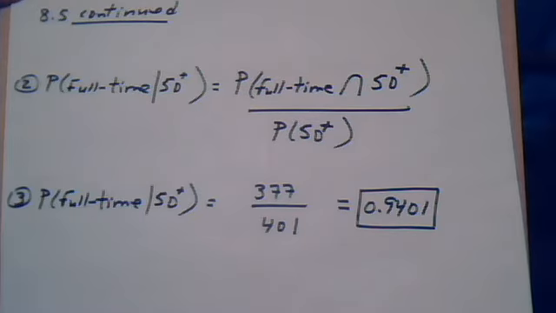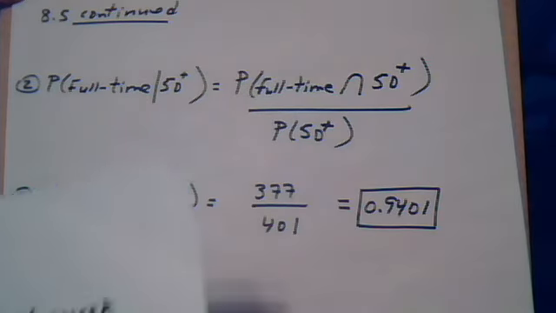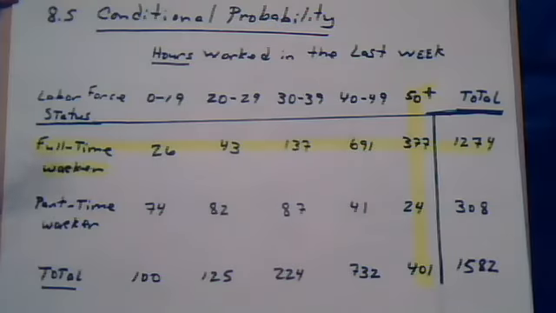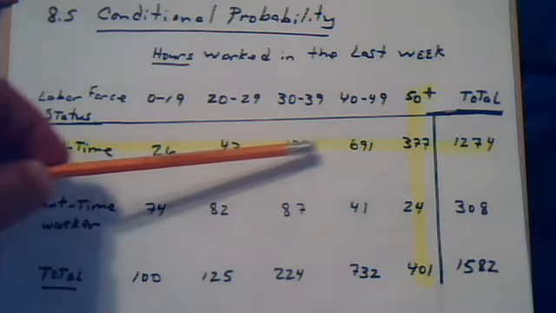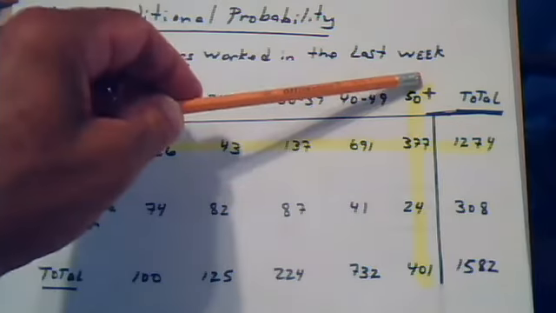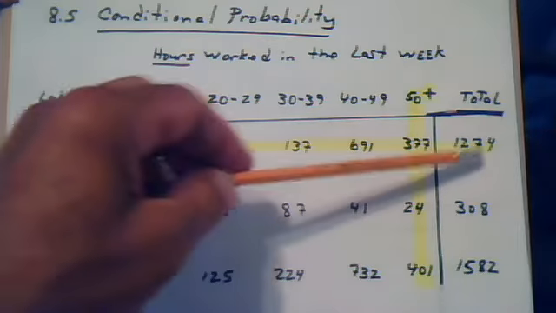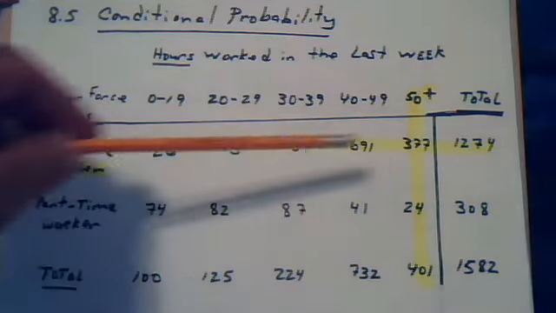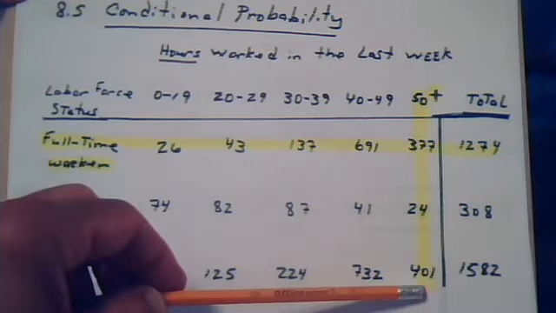So you go to your original table. Let's look for full-time. That's full-time and working 50 or more hours. So full-time, you draw a line through the full-time and working 50 or more hours. So you cross the full-time with 50 or more hours.